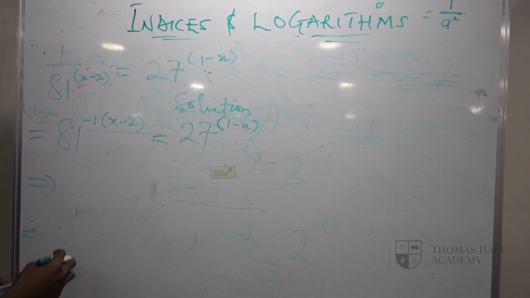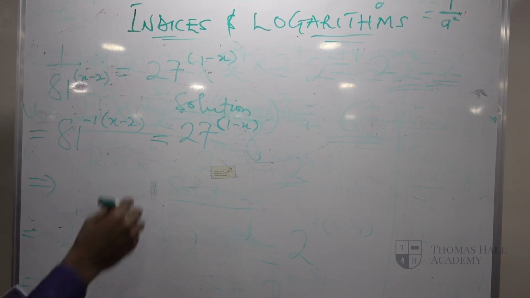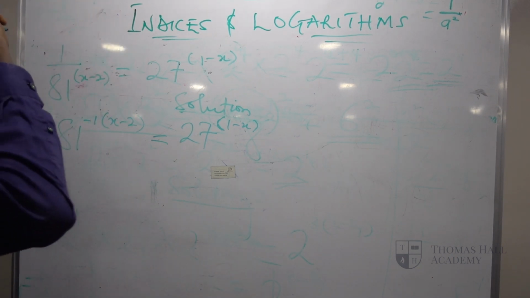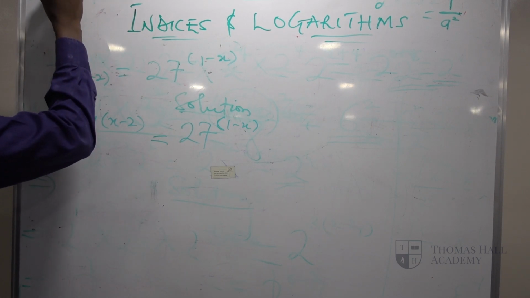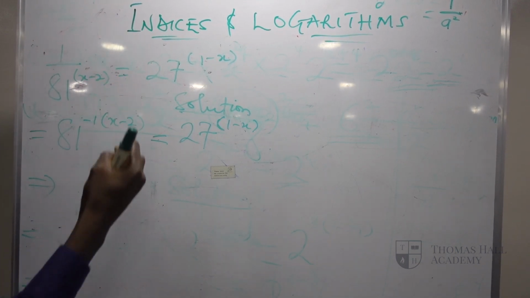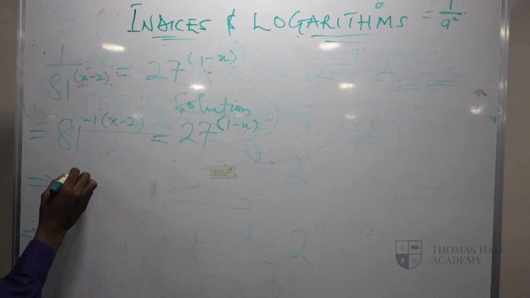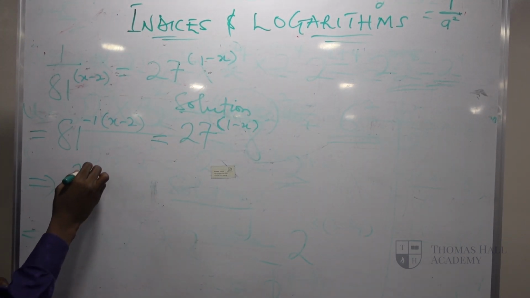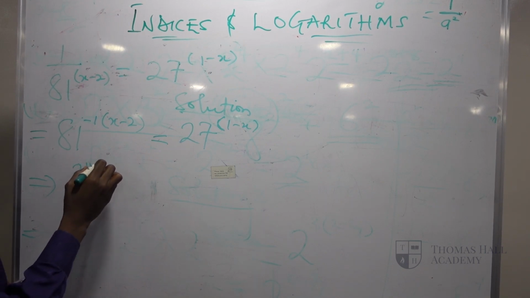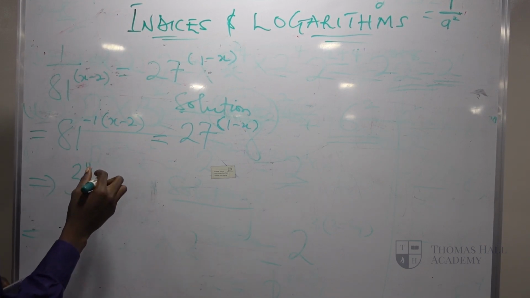Then we have 81. Like I said, don't forget, you have to be able to express numbers in their powers. 81 can be written as 3 raised to the power 4. 3 times 3, 9. 9 times 3, 27. 27 times 3, 81. So 3 raised to the power 4, brackets open.